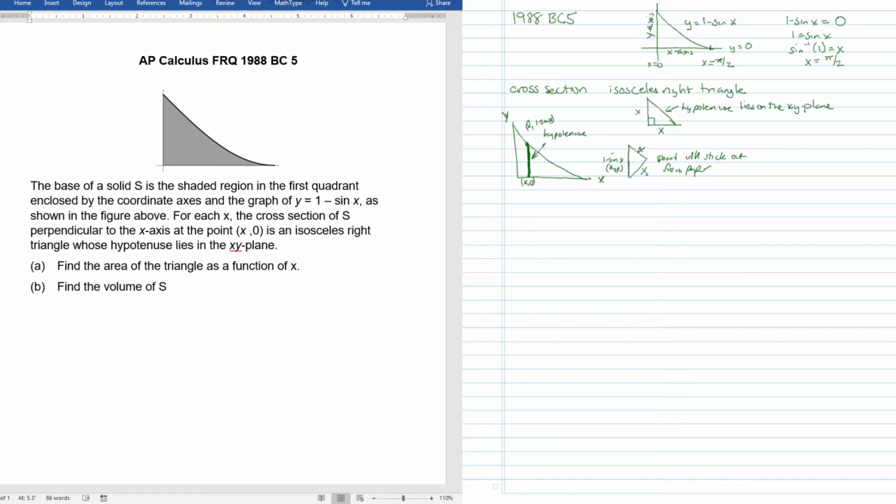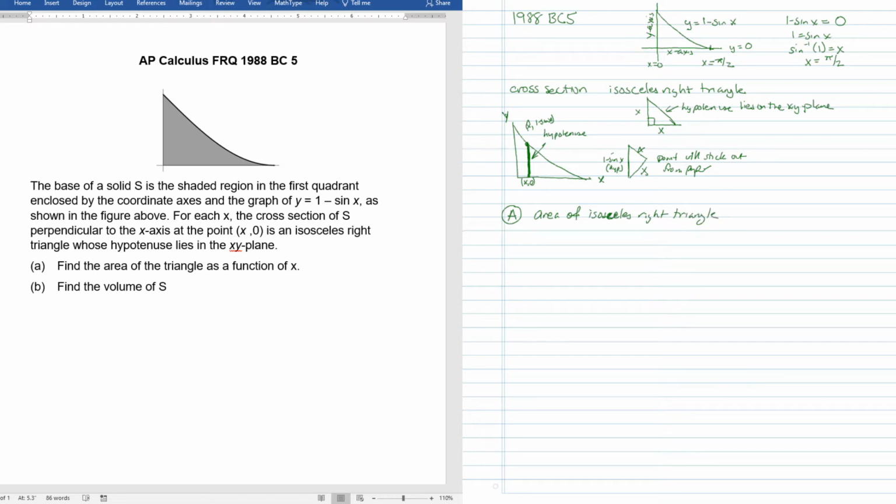Therefore, it would be helpful if I came up with a way to figure out how x and 1 minus sine of x all relate. But let's be careful here. Question A asks me to find the area of the triangle, specifically the isosceles right triangle.